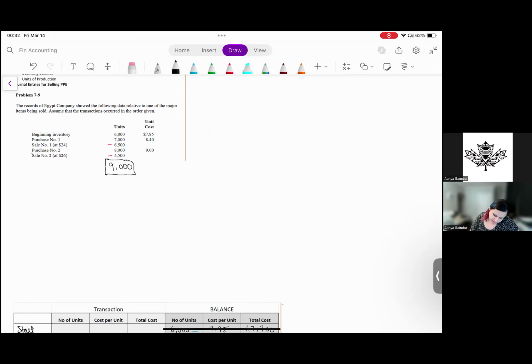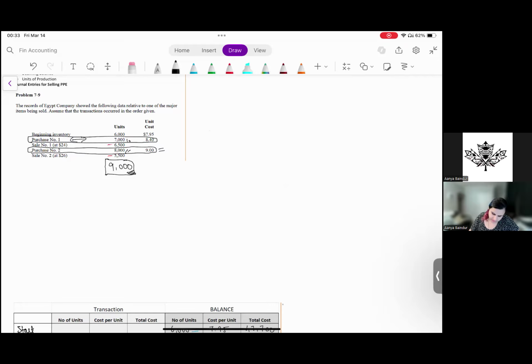The new stuff will consist of all the purchases made in purchase two, and whatever is remaining will be from purchase one. So this is 9,000. Purchase two had 8,000 units, so the entirety of purchase two is still remaining. We haven't sold that off, but we also have 1,000 units from purchase one that haven't been sold off yet.